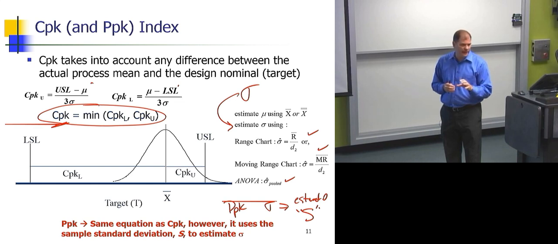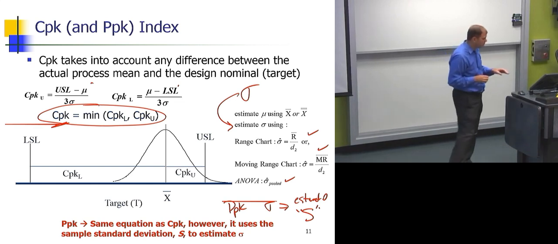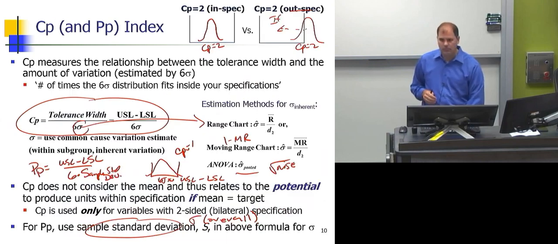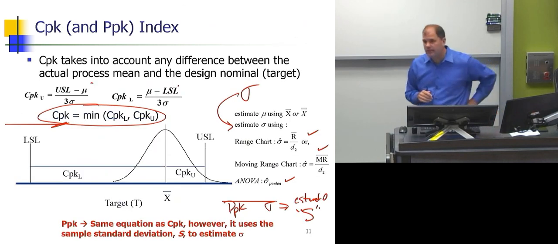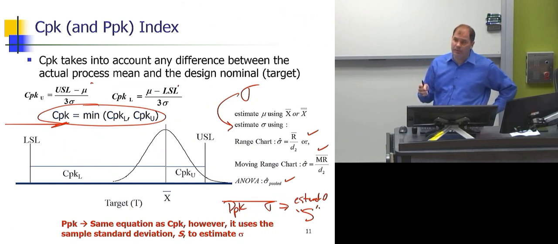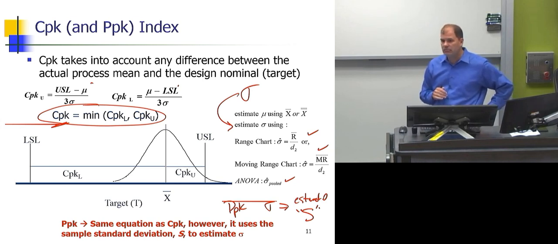Can CP or PP be negative? Yes, variation has to be greater than 0. So CP, PP will be positive numbers. CPK and PPK could be negative. If CPK or PPK equals 0, that just means you have a mean equal to a specification limit.